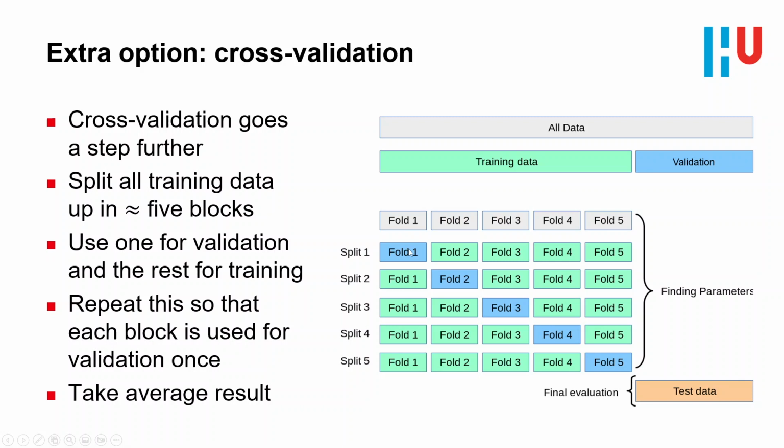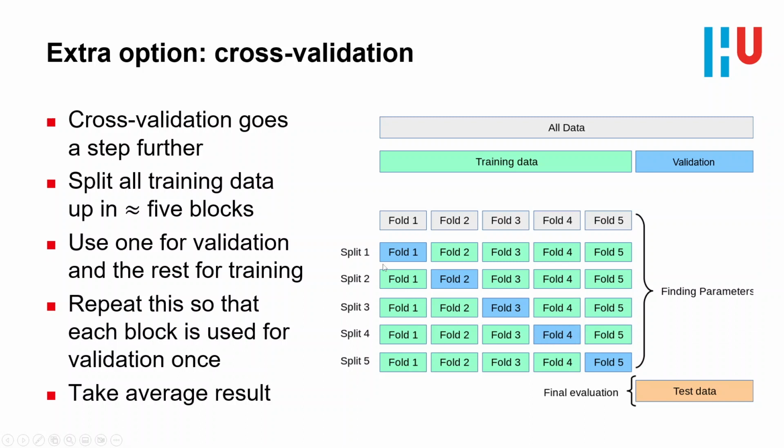What we're doing is dividing that training data in, for instance, 5 different blocks approximately. For the first test, we use this one as a validation set. For the second test, we use this one as a validation set. For the third one, this one. The fourth one, this one is a validation set.